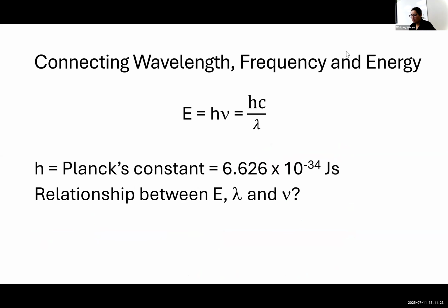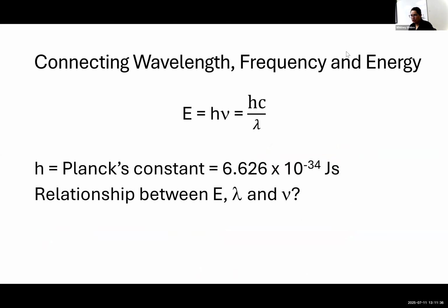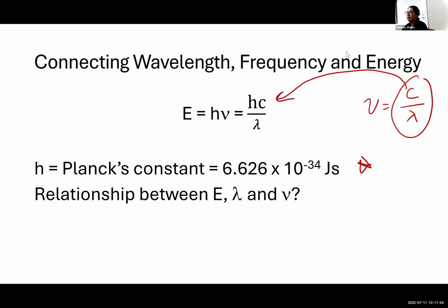Here is another equation, where we're now going to connect energy and those waves. So there are two equations here because I can focus on just wavelength or frequency. The way they wrote it was E, energy, which the unit is typically joules, is equal to Planck's constant, which is this number right here, times frequency, or since frequency equals c divided by lambda, they just took this and threw it there.